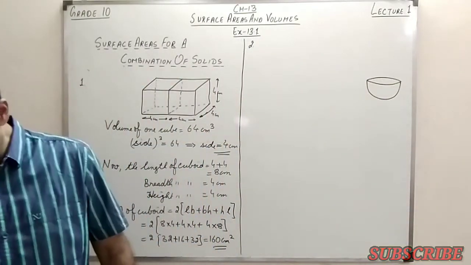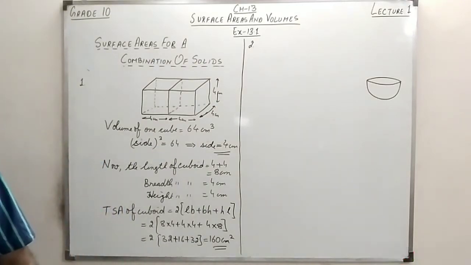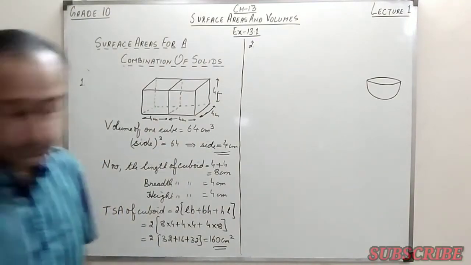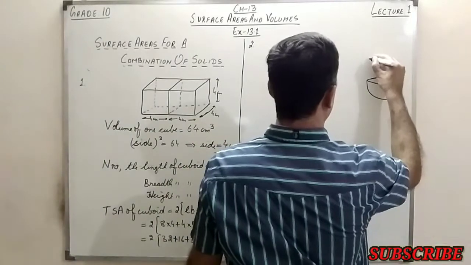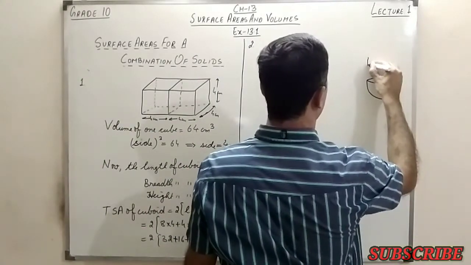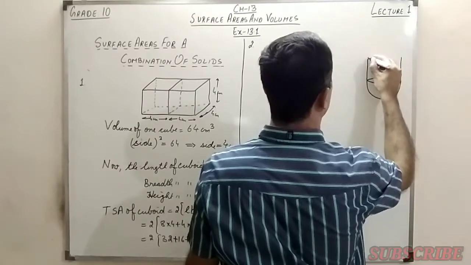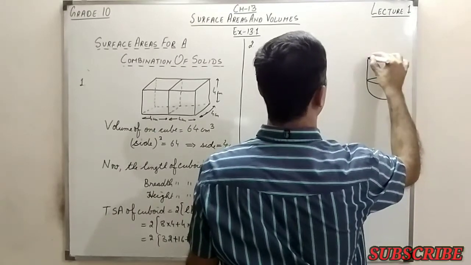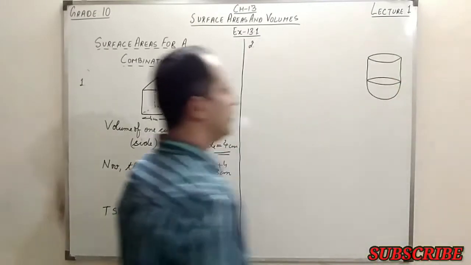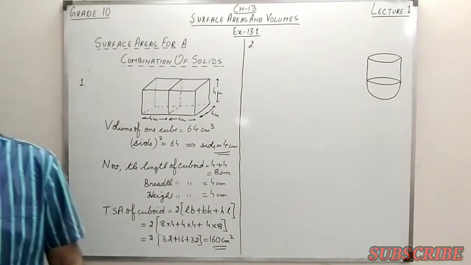And what's given? A hollow cylinder is over it. So we have a hollow cylinder over it. Right, so this is the actual shape of the object.